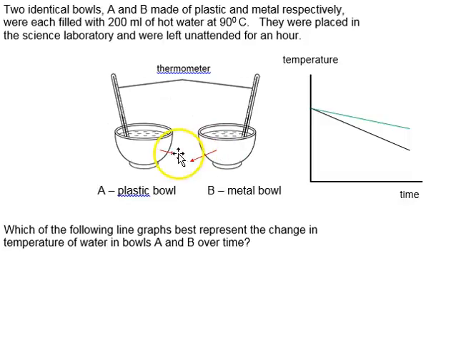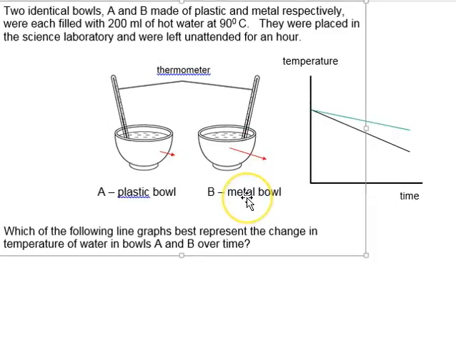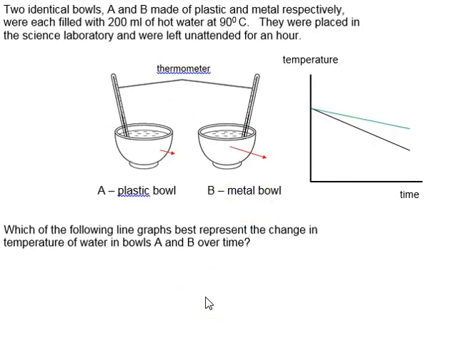One more time, if I can just repeat that: for the metal bowl, the heat will be escaping easily because metal is a good conductor of heat, and it allows the heat from inside the bowl to travel out of it and escape. And when more heat escapes, the temperature will drop much faster.